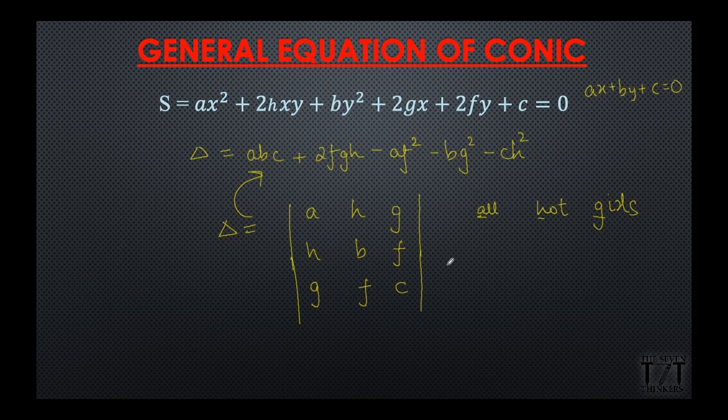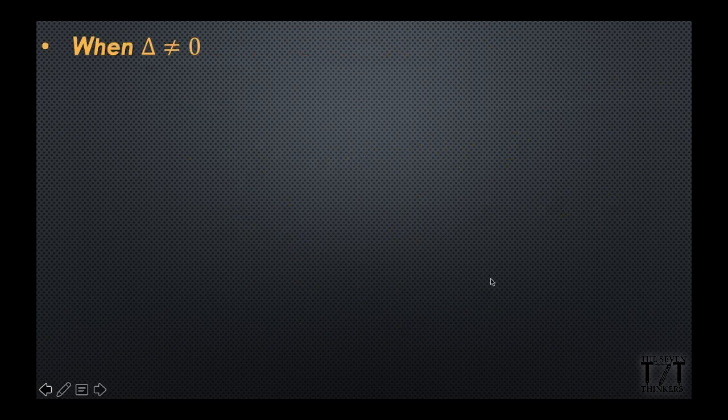So we have learned how the discriminant is formed. As I said before, with the value of discriminant, we're going to classify conic into two different types. One is for the value when delta is not equal to 0.